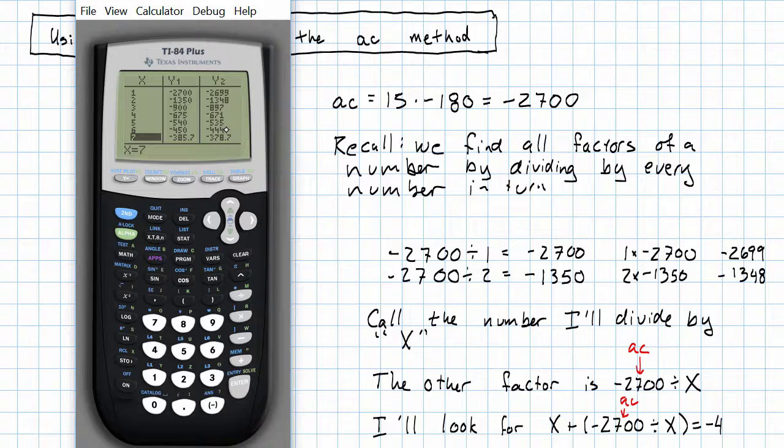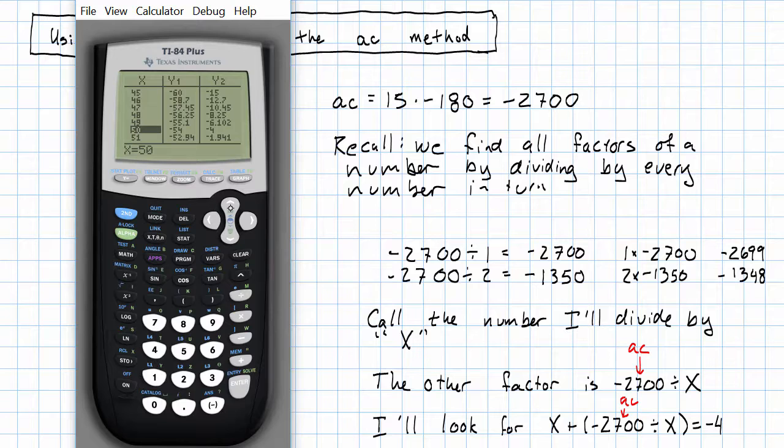And the place I'm going to be looking is in this y2 column. Why am I looking in the y2 column? Because that's where I put the sum. I'm looking for that number to be negative 4. Notice as I scroll down, that number is becoming less and less negative. Oh, there it is.